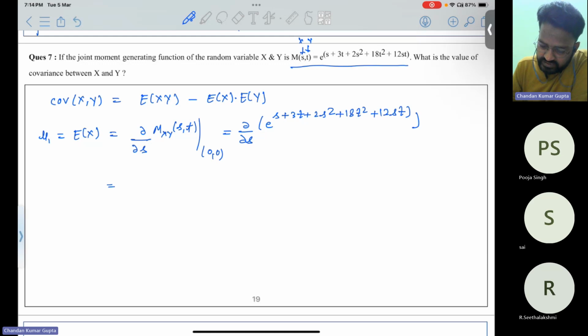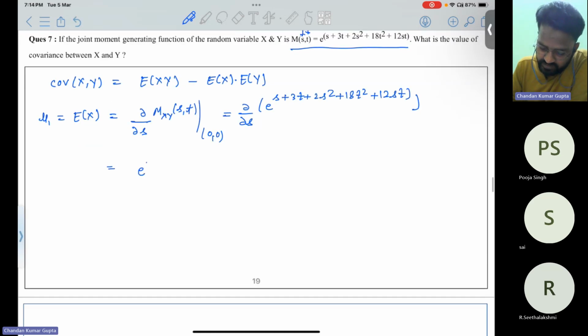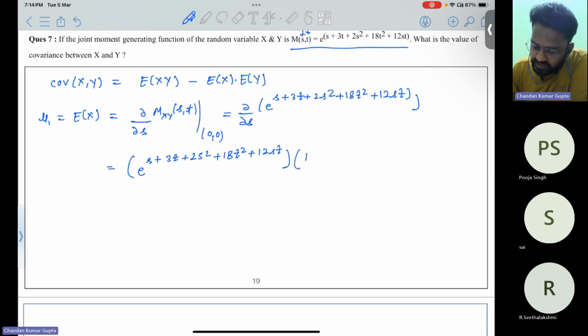Evaluating this, we get e to the power s plus 3t plus 2s square plus 18t square plus 12st, multiplied by 1 plus 4s plus 12t.